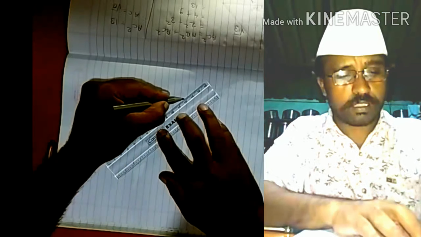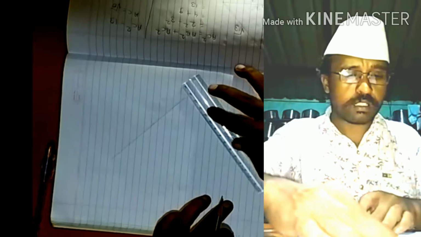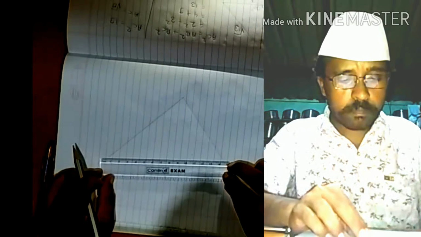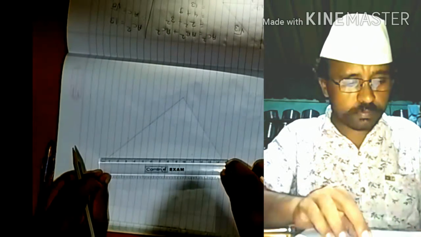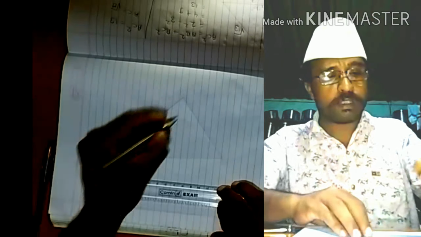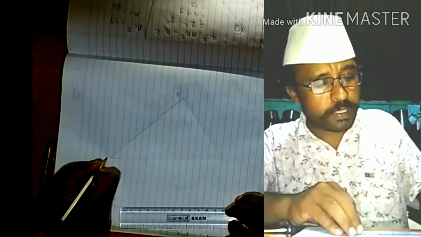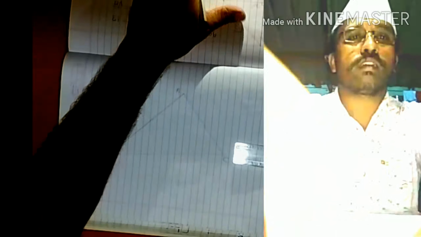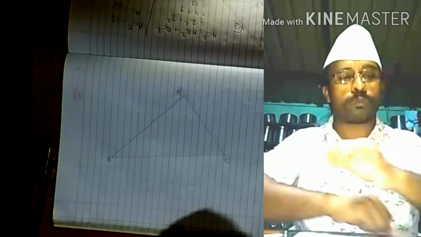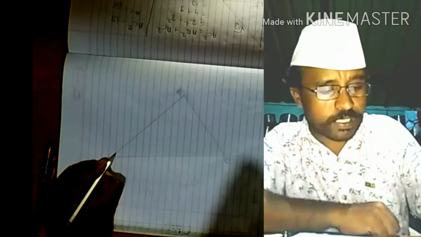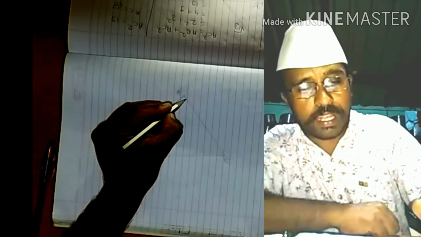Suppose this triangle ABC is an acute angle triangle, and we have to find the intersection point of all its angle bisectors. We have to bisect angle B, angle C and angle A.